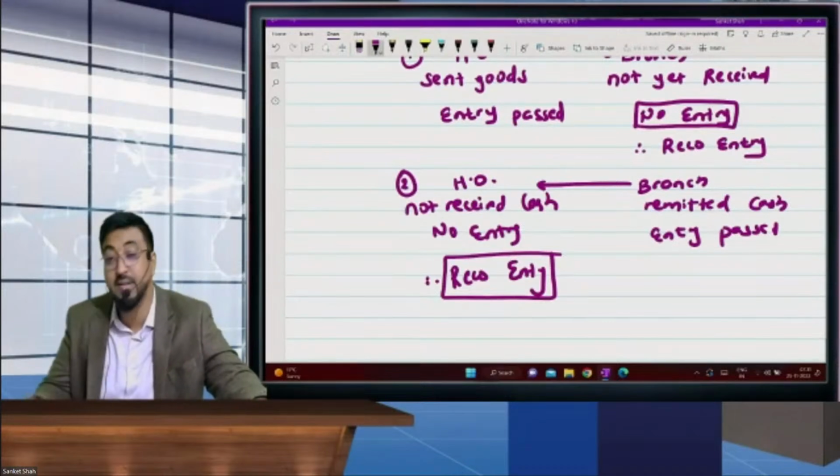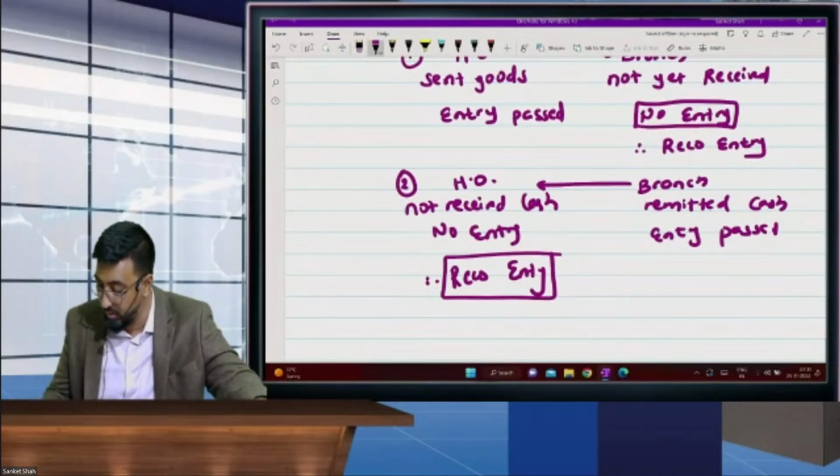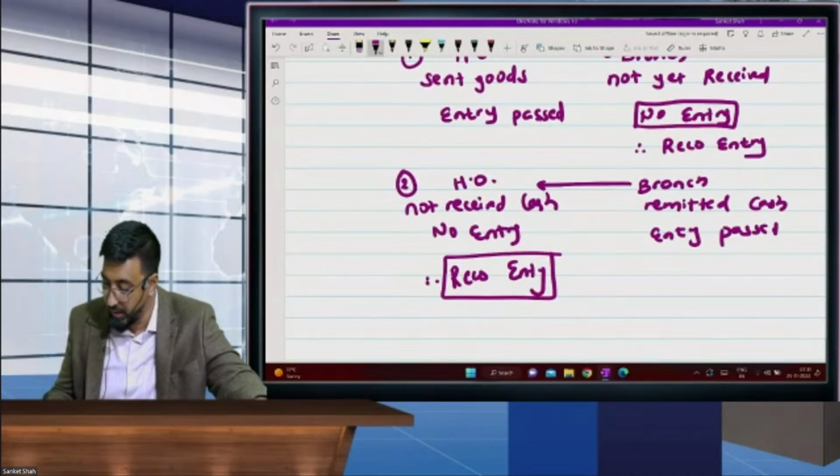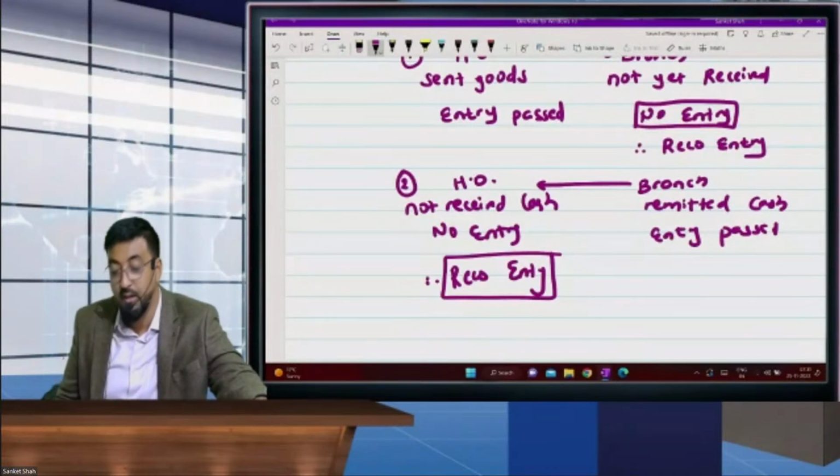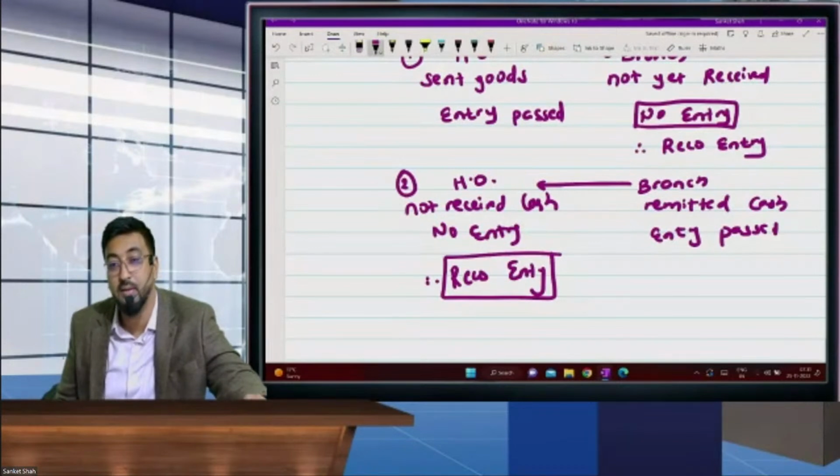HO will pass RICO entry. Very good. Who answered it very fast? Jyoti Jhaji. Very good, beta Jyoti. Yes, RICO entry will pass by HO. Very good.